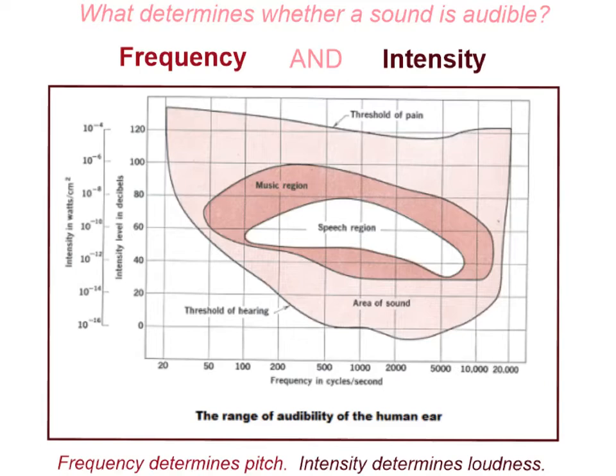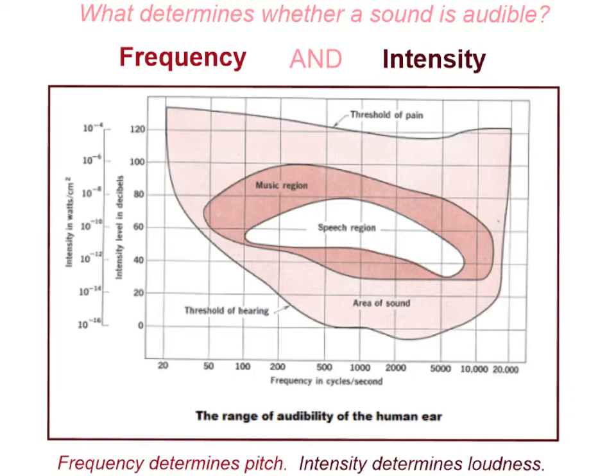As you can see on the graph, sounds at really low frequencies, below 50 here, or really high frequencies over here, have to be fairly intense to be heard. Whereas in the middle of this spectrum of different frequencies, sounds are audible at much lower intensities.